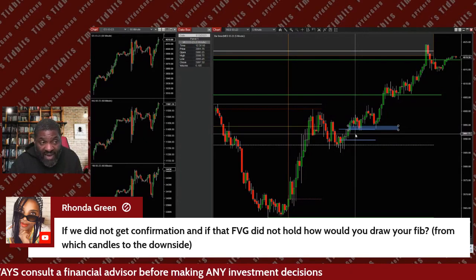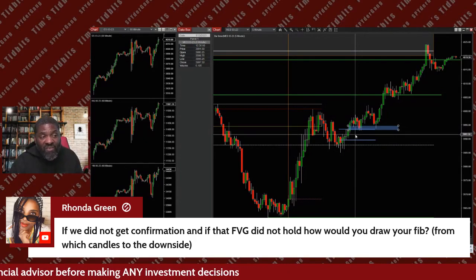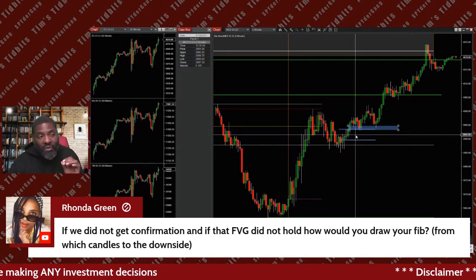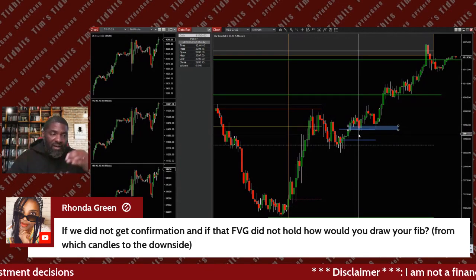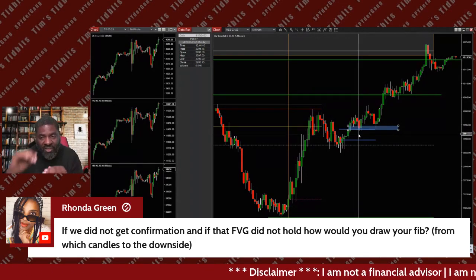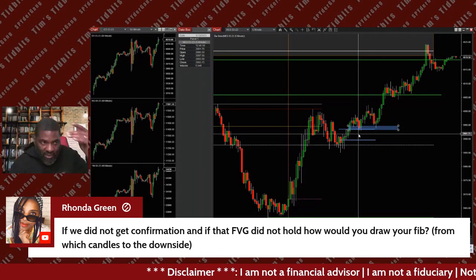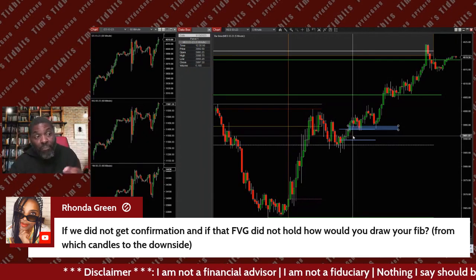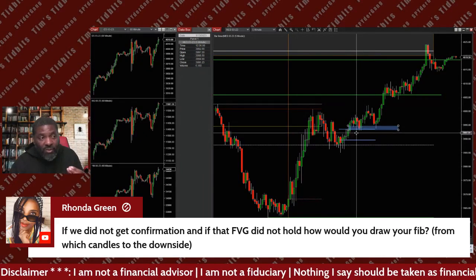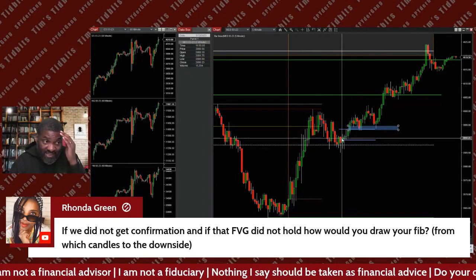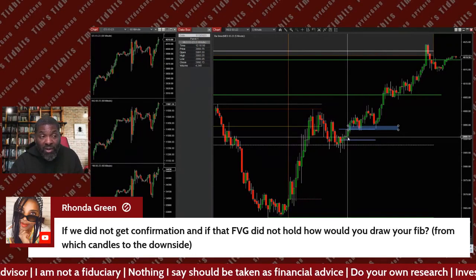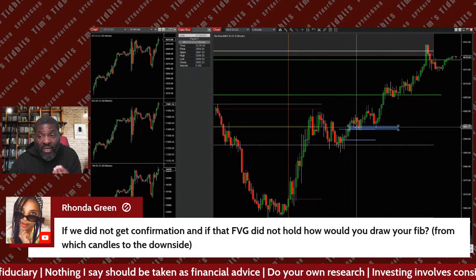And if they go down to the other fair value gap, you can add to it by taking an institutional order flow entry drill if it pokes into the fair value gap and comes back out. But that's how you pick which fair value gap you want to use, right? You look at the price action and say, okay, this is a potential breakaway gap, so I'm just going to go in on this one.